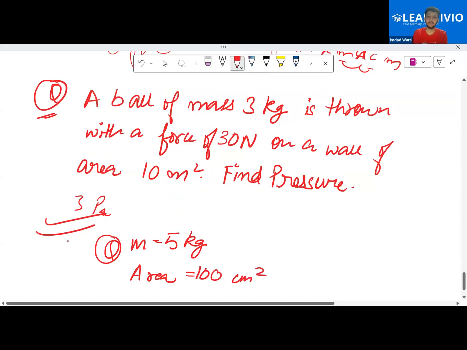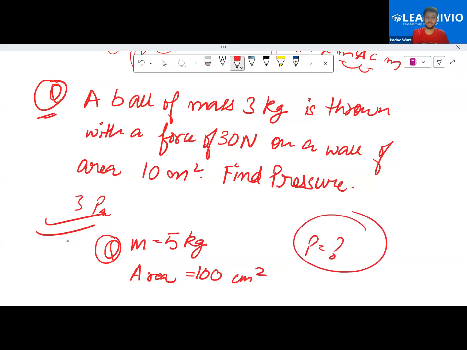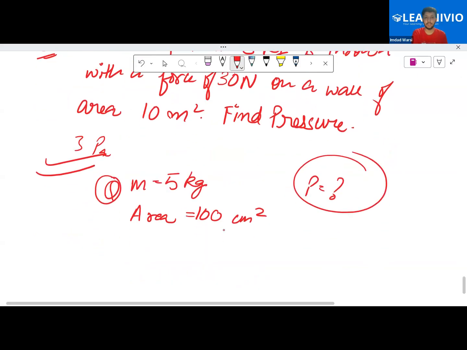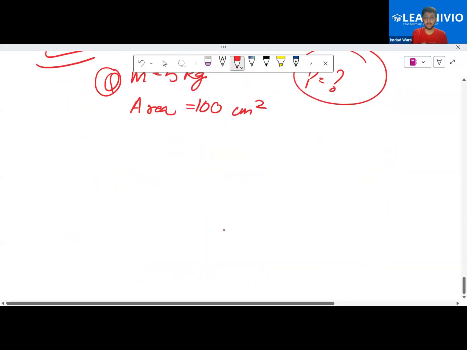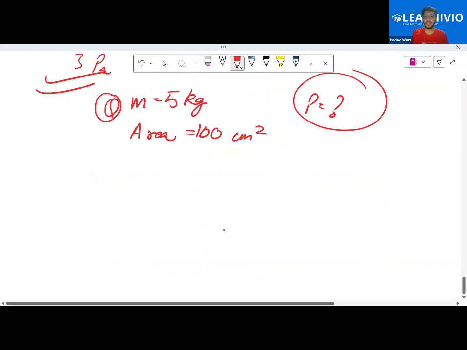Now find the pressure. Is it the same way? You have to find pressure, and area is 100 centimeter square, and mass is 5 kg.